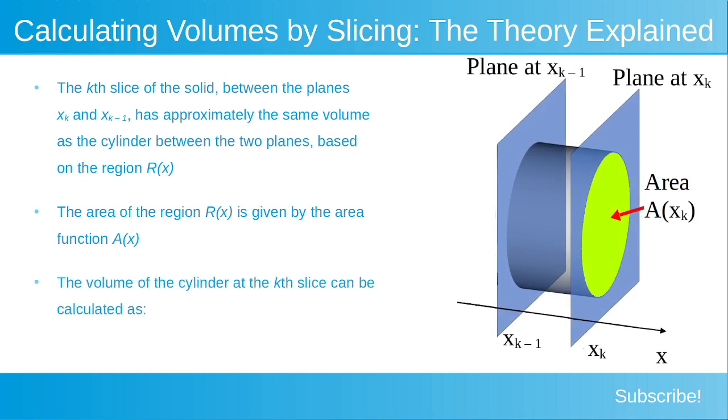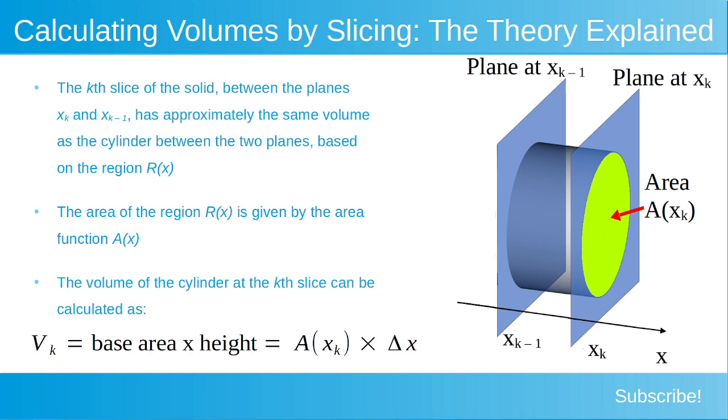The volume of the cylinder at the kth slice, which we can refer to as V subscript k, can be calculated as V subscript k is equal to the base area of the cylinder multiplied by the height of the cylinder. Now the base area of the cylinder is equal to A of x subscript k. And the height of that cylinder is equal to our subinterval length delta x.